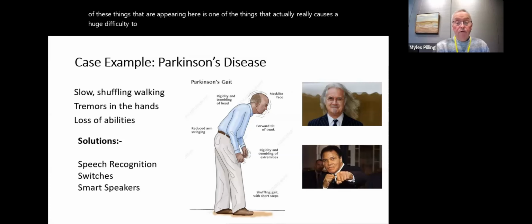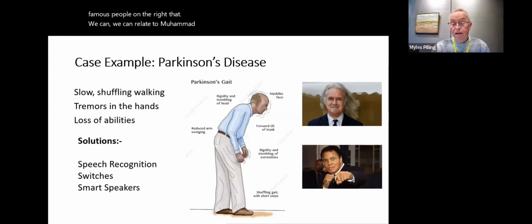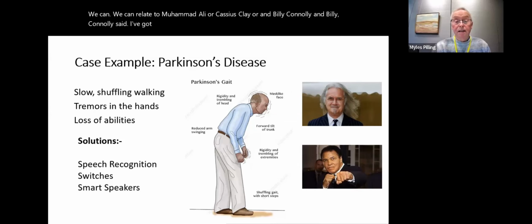This is a really limiting life disease. And of course, there are two famous people on the right that we can relate to, Muhammad Ali or Cassius Clay and Billy Connolly. Billy Connolly said, I've got Parkinson's disease, but I wish he kept it to himself.